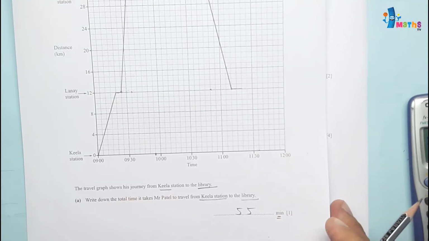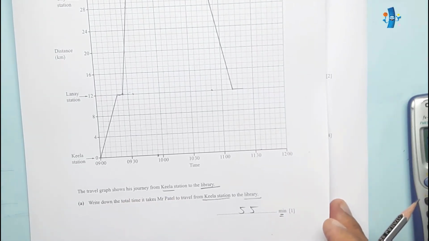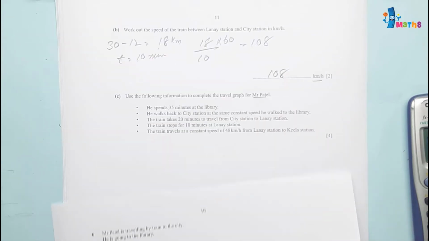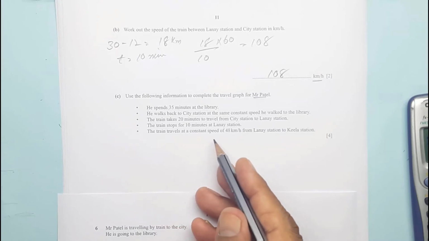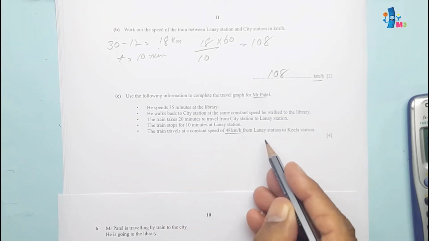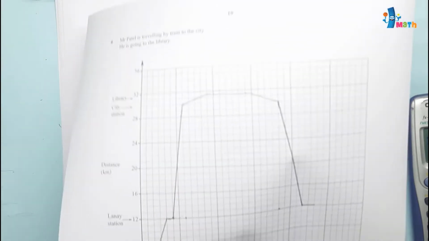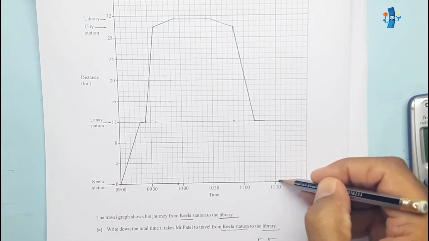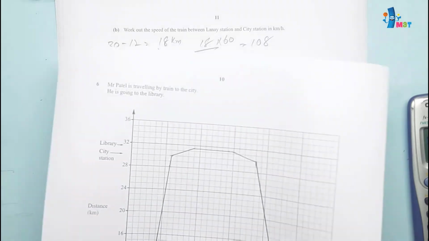It will be taking 15 minutes. How can we calculate this? They are saying the train travels at a constant speed of 48 kilometers per hour. The distance is 12, so it will take a quarter hour to complete this journey.